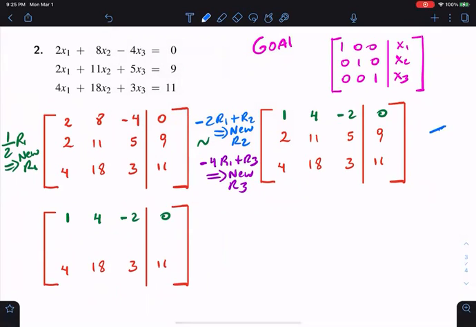So if you look back here, right? You multiply -2 times all the elements in row 1. So -2 times 1, -2 plus 2 is 0. -2 times 4 is -8. -8 and 11 is 3. -2 times -2 is +4. And 5, that makes a 9. -2 times 0 is 0. Plus 9 is 9. So that's what we have now.